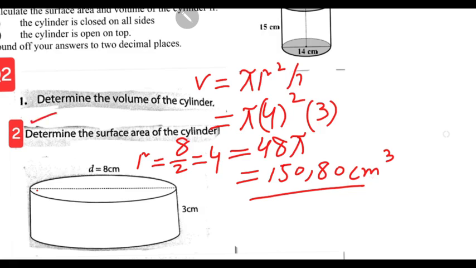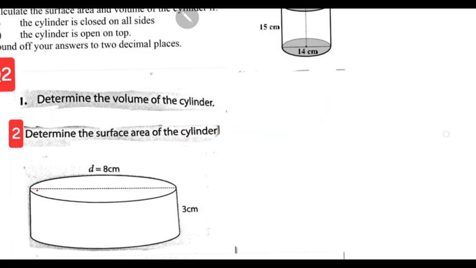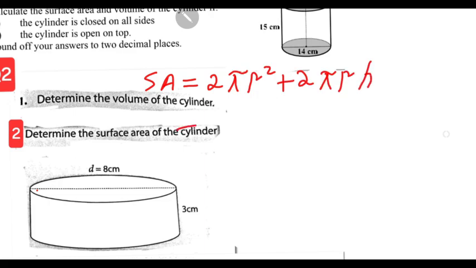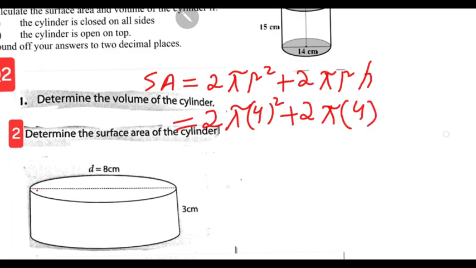Now I'm going to find the surface area. So the surface area formula is equal to 2 pi r square plus 2 pi r h. 2 pi radius we got 4 squared plus 2 pi radius we got 4 and the height we got 3, multiply 3.